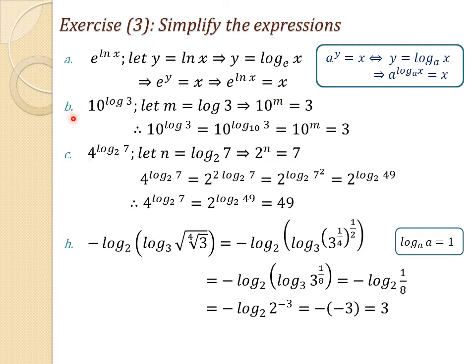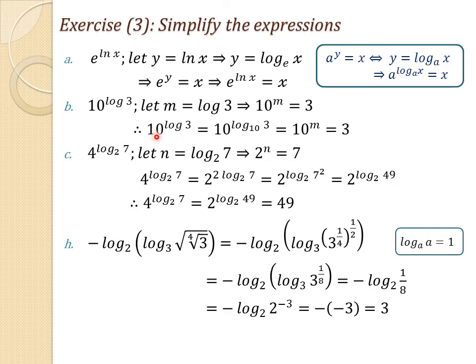On b, we have 10 power logarithm 3. Again, we will work on the exponent. Let m equal logarithm 3. I know that if there is no base, the base is 10. So we will rewrite it in an exponential form. It's going to be 10 power m equal 3.